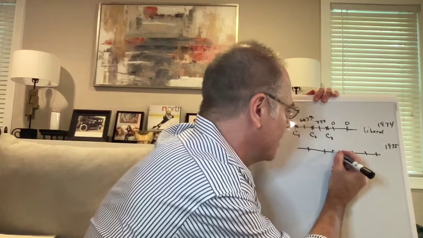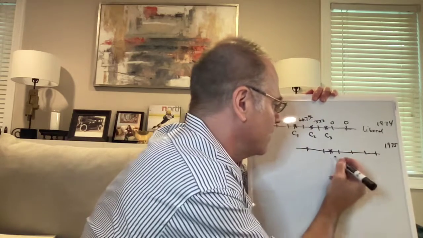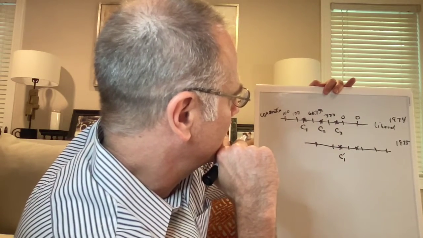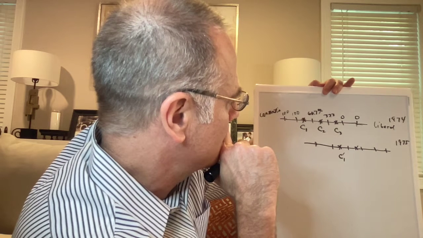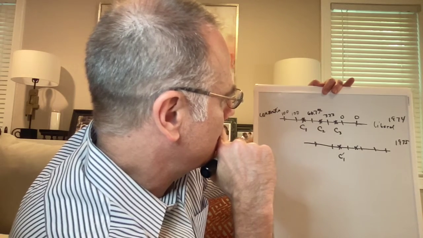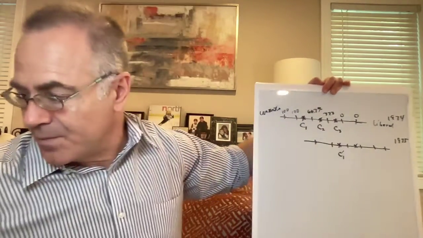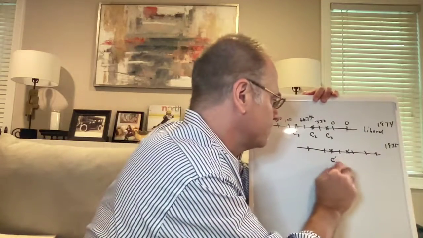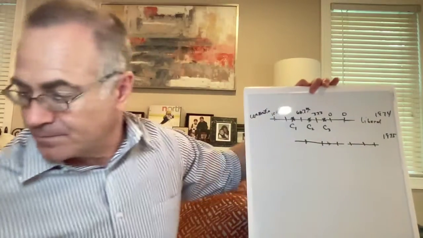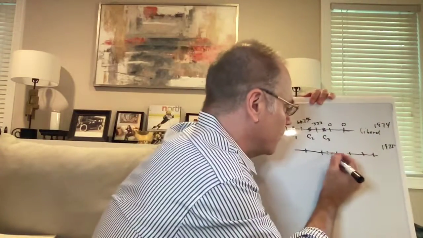So let's say for 75, roll call 1, call it C1 prime. Roll call 2 is here. What would that do? Wait, did I do that right? No. I'm going to really shift them.